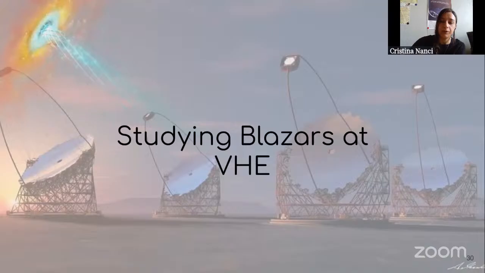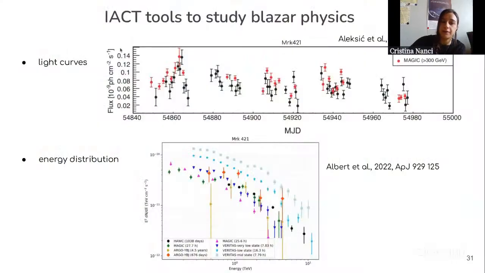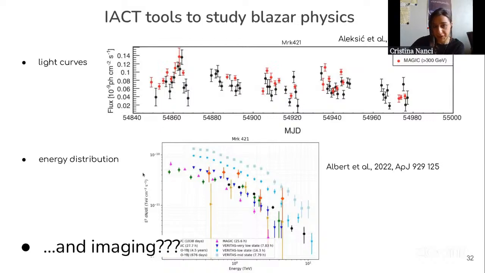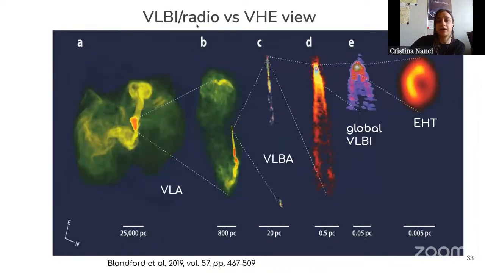From a VLBI point of view, we study blazars using light curves, flux versus time, and energy distribution. But what about imaging with very high energy observations? From the radio VLBI point of view, we are used to very nice images where we can do measurements on the parameters of the image.